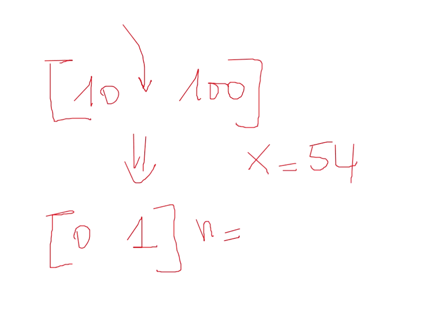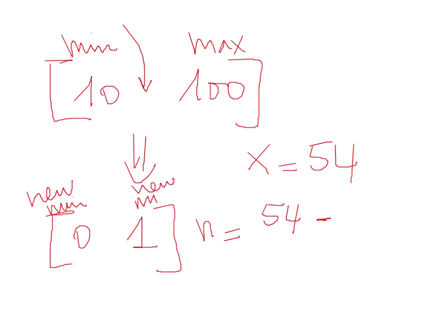For example, 54. So the new value will be 54 minus the min. This is the min and max, and this is the new min, new max.